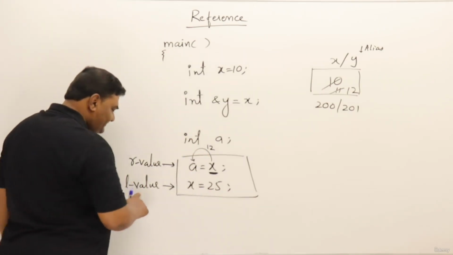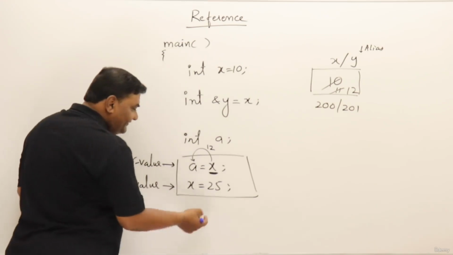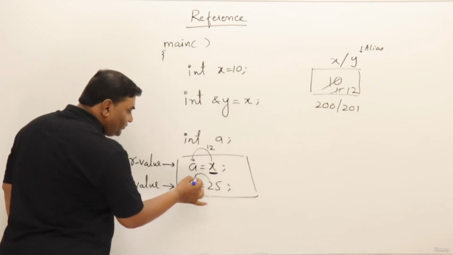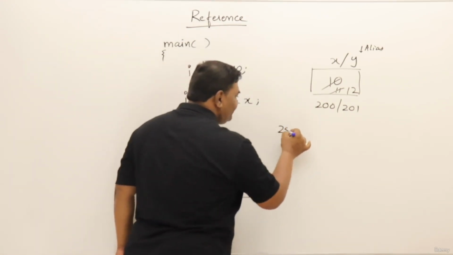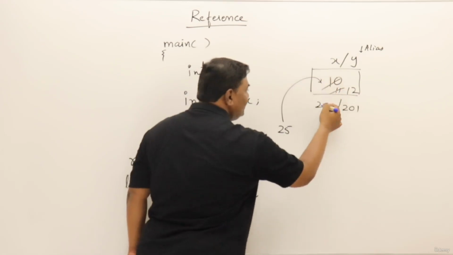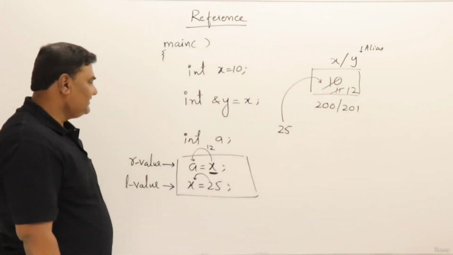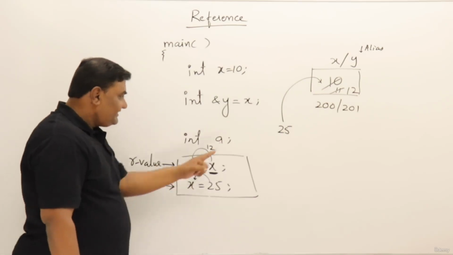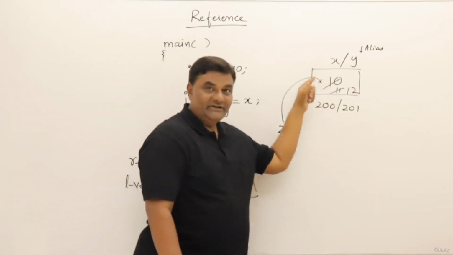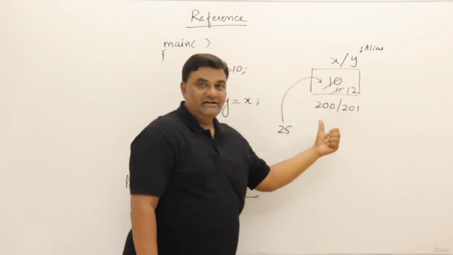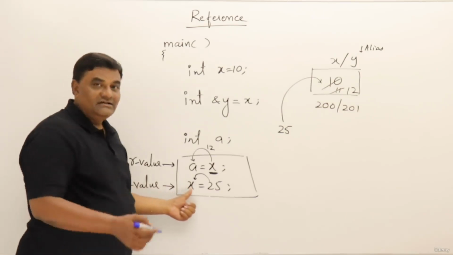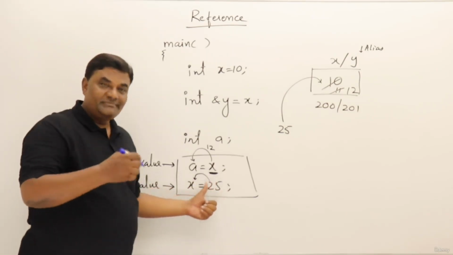Whereas here when we are saying x assign 25, we want this 25 to be stored in x. So 25 should be stored in this location, erasing whatever was there, it should overwrite, and 25 should be stored there. So this means we are writing this 25 in this location, so this is 200. So this x is giving the location where this 25 should be written.